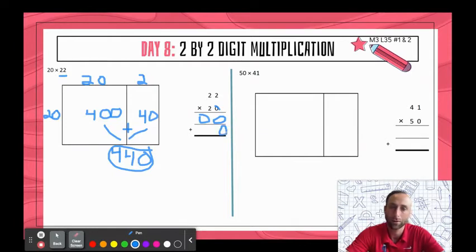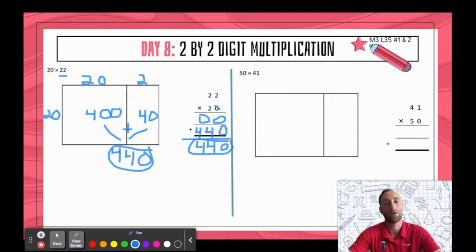I got to put my placeholder in. 2 times 2 is 4. 2 times 2 is 4. Add it up. 0 plus 0. 0 plus 4. And I have 400s. Bada bing, bada boom, bada bam. Look at that. 2 different ways. Same answer successfully both ways.